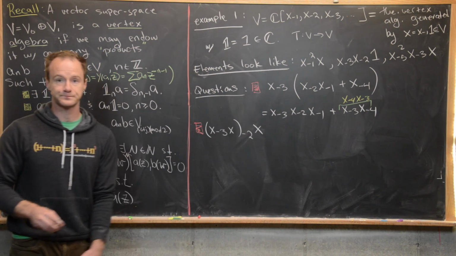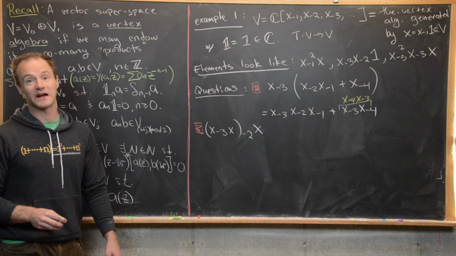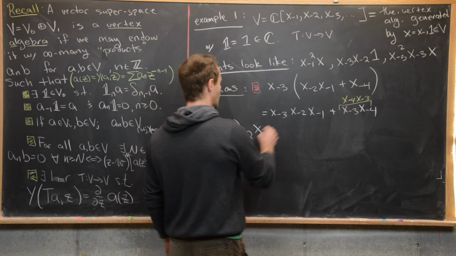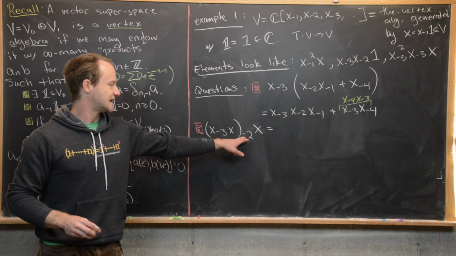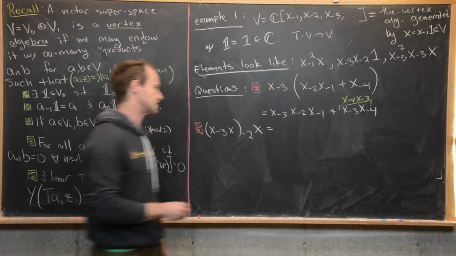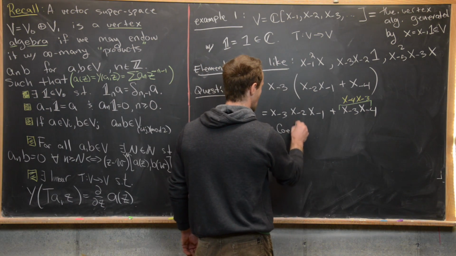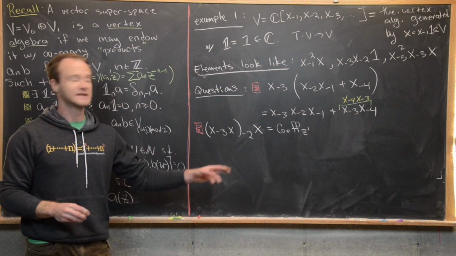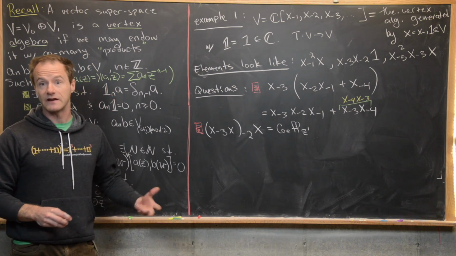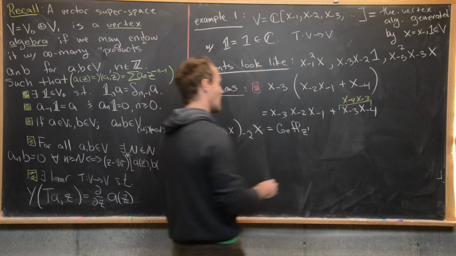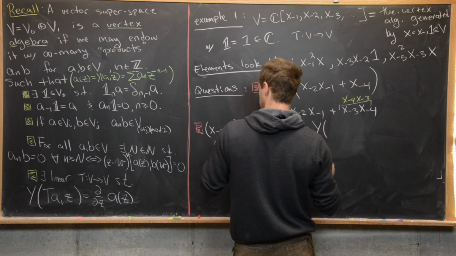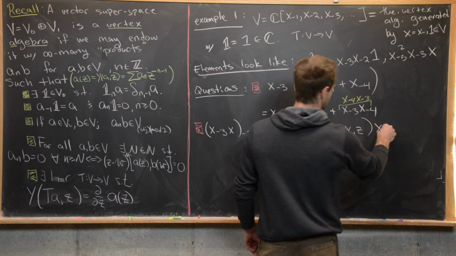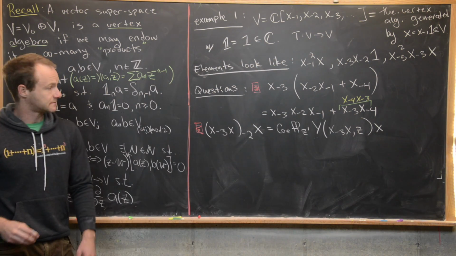Well, we have to go back to our vertex operators. Maybe that's the easiest way to do it. And what I want to notice is that because we're taking the negative second multiplication, that's going to be the coefficient of z to the 1, because 1 is the same thing as negative negative 2 minus 1, of the vertex operator Y(x sub minus 3 x, z) evaluated at x.